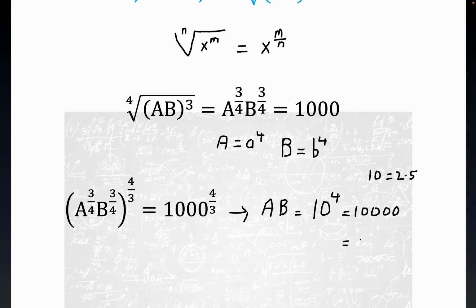And so if you raise this to the fourth power, you actually get 2 to the fourth times 5 to the fourth. Now 10,000 has plenty of other divisors. In fact, it would have 25 total divisors.